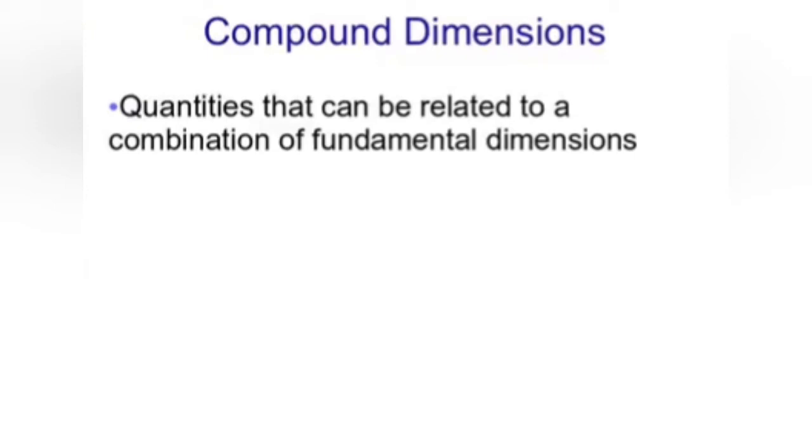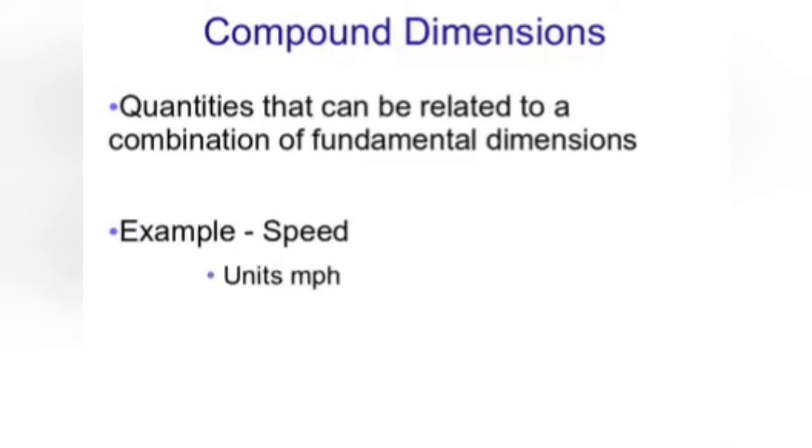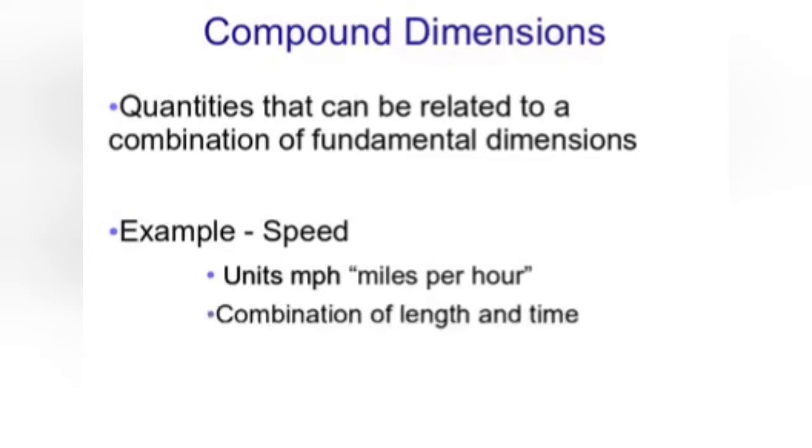To really explain this, let's take a look at an example of the speed of your car. Let's say it could be measured in units of miles per hour. That's the typical one we use here in the US as we're driving around on the interstates. Well, if you look at these miles per hour, that's really a combination of something which is measuring a length and something which is measuring a time.